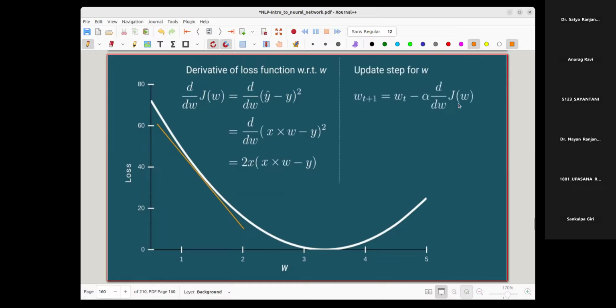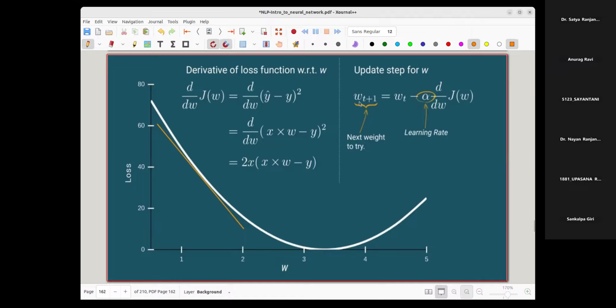So this is my update function, update value. How will we update? I have already discussed in the ML class that new W equals old W minus alpha, which is the learning rate, times the derivative of the loss function with respect to W. So this is the new weight, and this is your learning rate. Learning rate means how big a step you are taking towards the minimum, and that will control this updation.